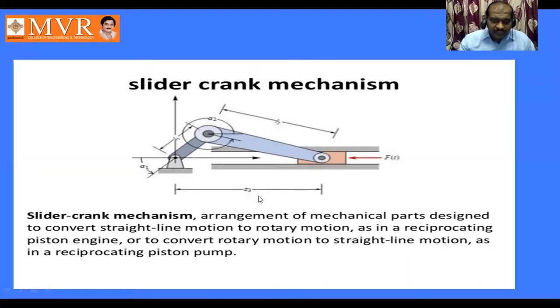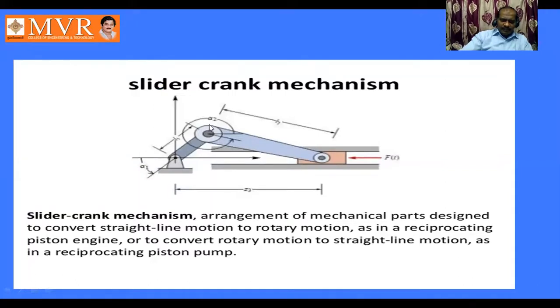This is going to be Z3. This is angle alpha 1 and this angle is alpha 2. So alpha 1 and alpha 2 are going to change when we move the piston. So Ft is the force acting on the piston. Thereby we are going to change the position of this crank.